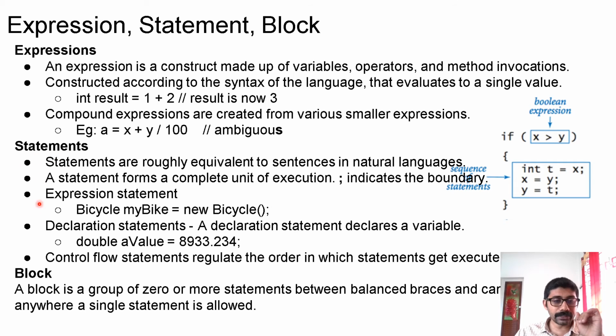So there are different types of statements: declaration statement, expression statement, for example a equal to x plus y semicolon, and control flow statement. So a statement is something similar to a sentence and it ends with a semicolon. In a statement you will have one or more expressions.